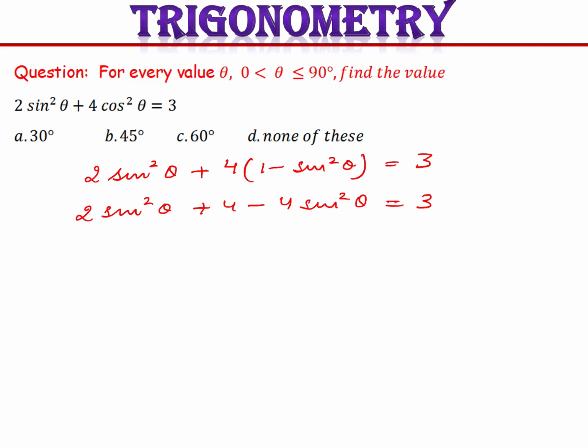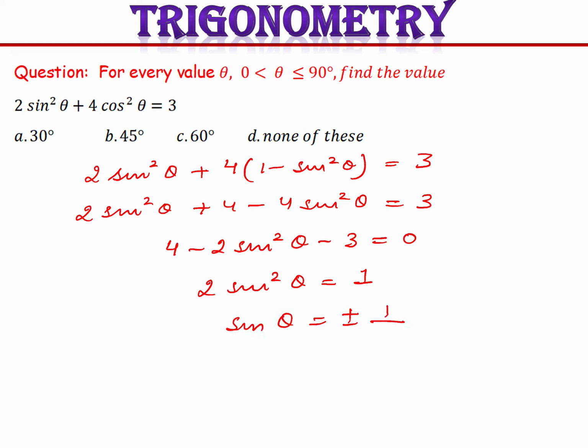So what I get? 4 minus 2 sine square theta minus 3 is equal to 0. So I get 2 sine square theta is equal to 1. So sine theta is equal to plus minus 1 upon root 2. But see, we are restricted to the first quadrant.